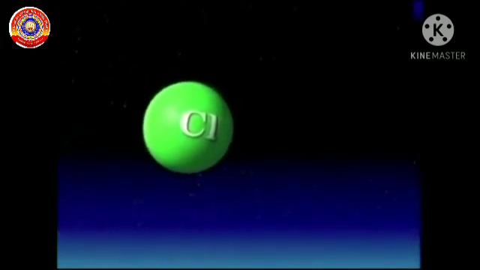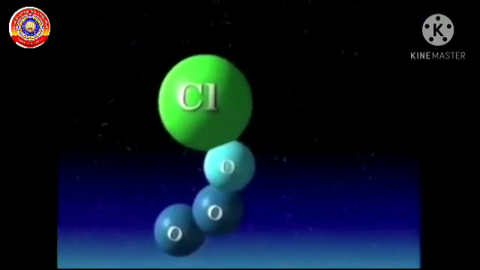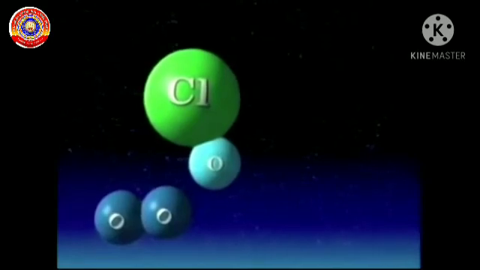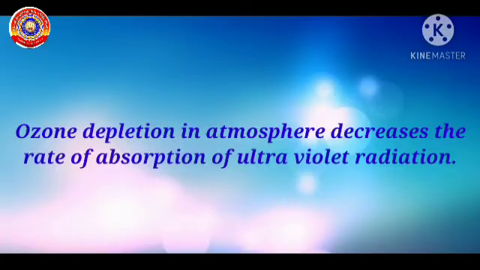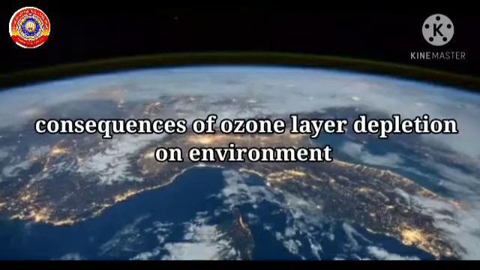This phenomenon is called ozone layer depletion. Ozone depletion in the atmosphere decreases the rate of absorption of ultraviolet radiation. If an excess amount of ultraviolet radiation reaches the earth, what will be the consequences on the environment?